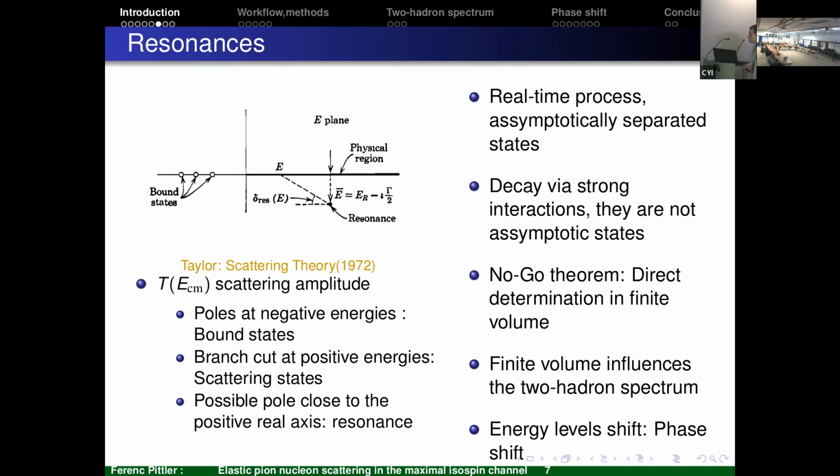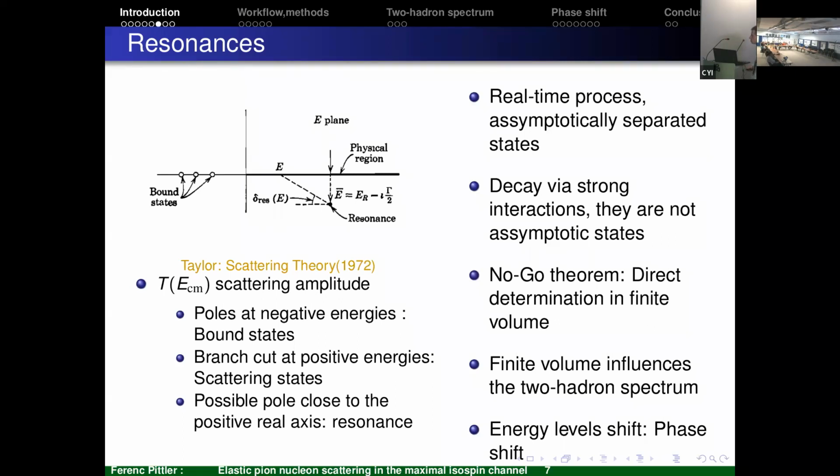So we have to do something other than computing the potential or doing this scattering experiment on a computer. And there is also a no-go theorem about this: the direct determination of scattering quantities in a finite volume is impossible.